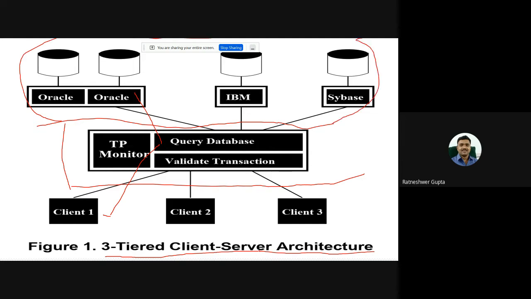This is a modifiable architecture: if we make any modification in the database, it will not affect any features of the other layers. If we are making changes at the query layer, it will not affect the client layer. And the same thing, if we are making any changes at the client level, it will not affect the other two layers.